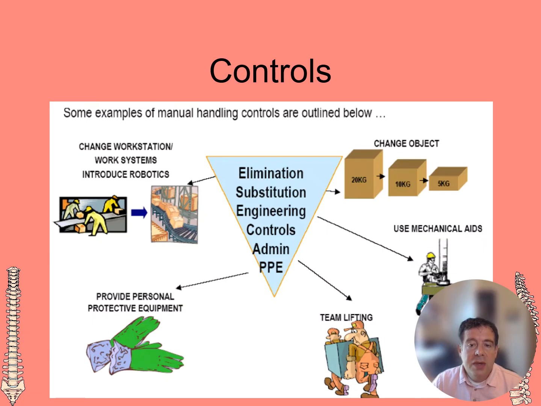Substitution, one research study that I performed with a group is looking at concrete bags, a lot of times they're 90 pounds, which is quite heavy. So if we decrease it by half to 45 pounds, this would be an example of substitution, changing the object they're lifting. Engineering controls, rather than a person lifting it, you could use a crane, a hoist, pulleys, all of those would be engineering controls.